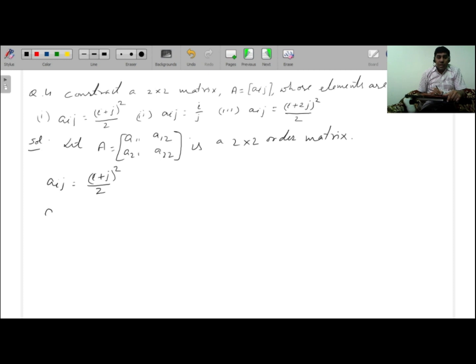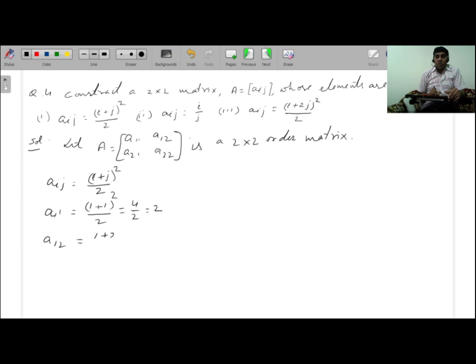Now, A11, that means i is equal to 1, j is also equal to 1. So, (1 plus 1) whole square divided by 2. 1 plus 1 is 2, 2 square is 4, 4 divided by 2 is equal to 2. A12, i is 1, j is 2.